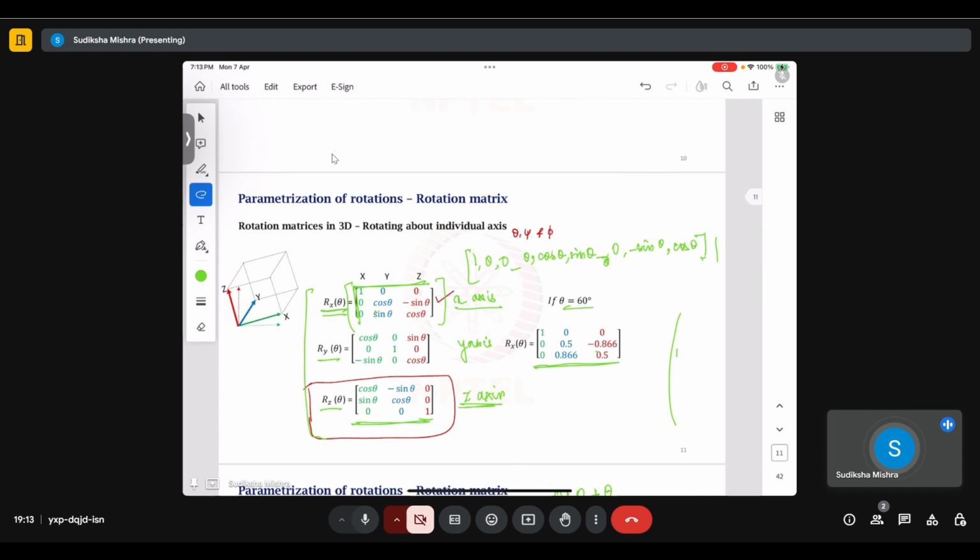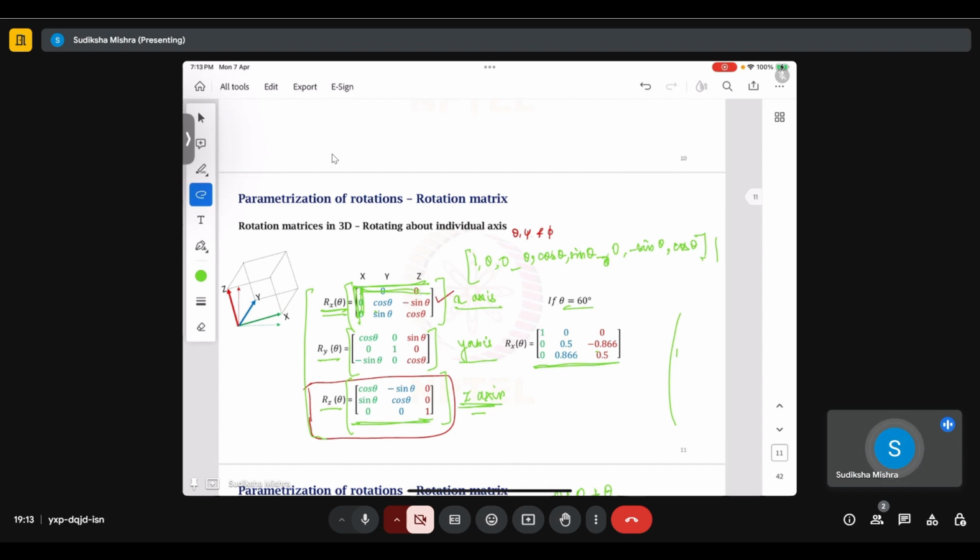Whereas if it's along the y-axis, your rotation matrix looks like this. Along the z-axis, the rotation matrix looks like this. Note that if it's along the x-axis, apart from the unity, every other term in that row and column is 0. And it's similar for the other axes.